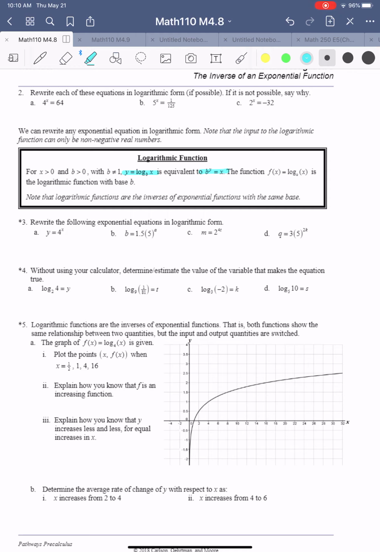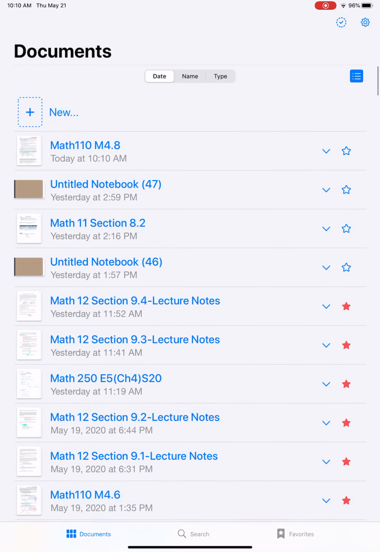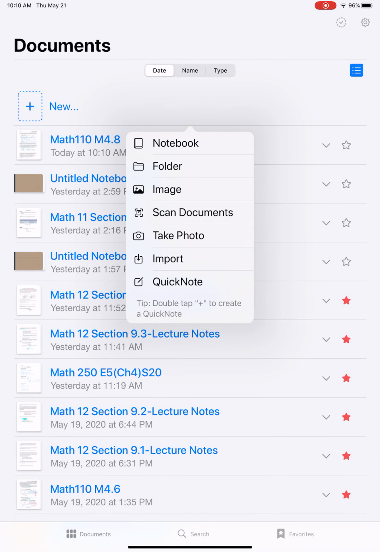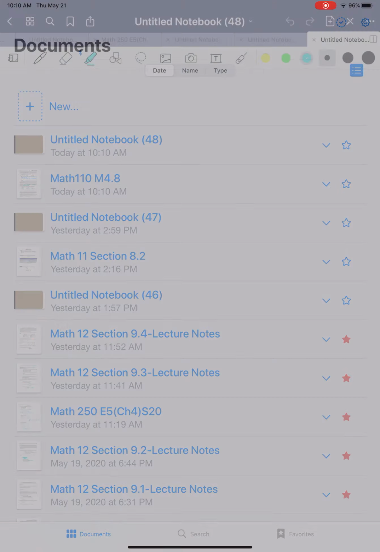Number 4, without using your calculator, determine the estimated value that makes the equation true. Before we do this, I want to show you a rule that we just made here.